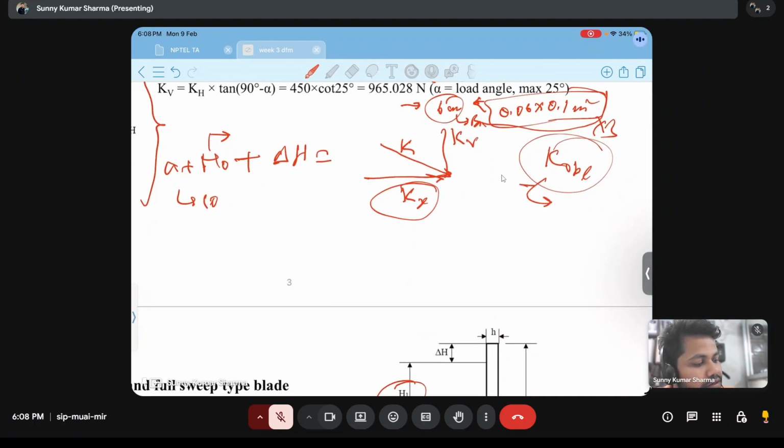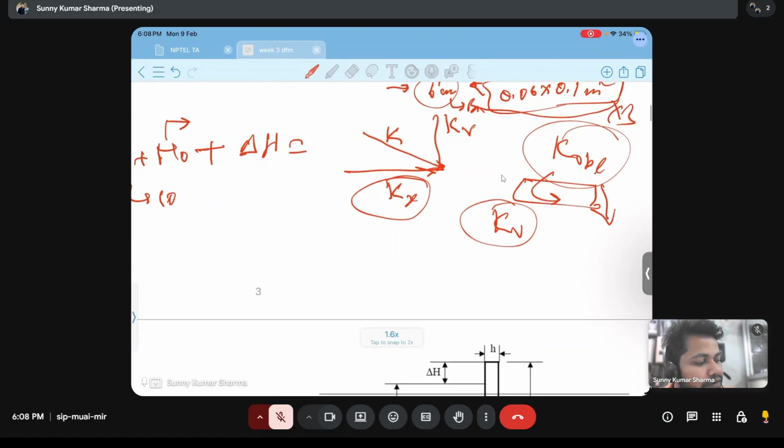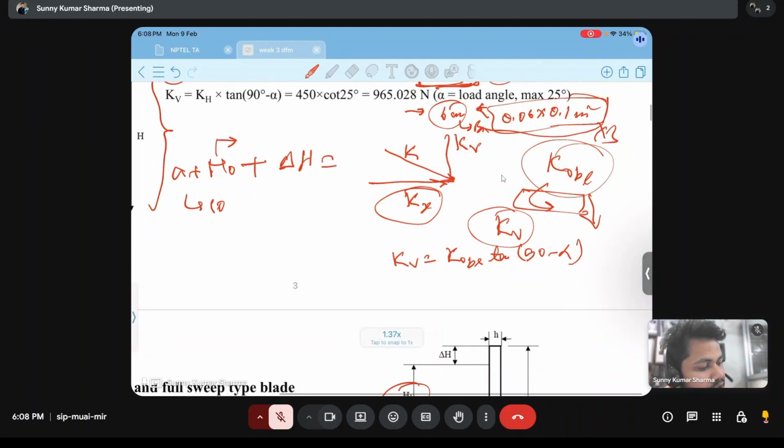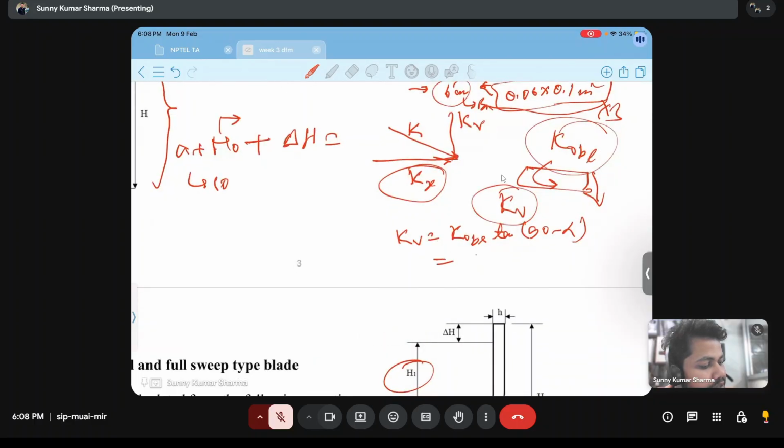This is the horizontal force for design, and from this KOBL, we will get KV, that will be our vertical force. So KV will be KOBL into tan of 90 minus load angle, that is alpha. This also we have discussed in the last class. So from here it comes KOBL into cot alpha. And alpha maximum is 25 degree.